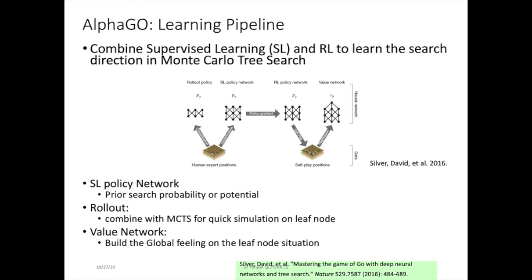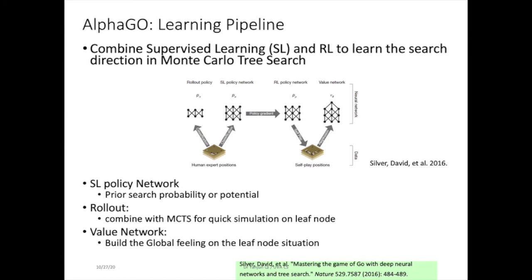What really created the popularity of reinforcement learning, or the start of deep reinforcement learning, is a very important work called AlphaGo. AlphaGo combines supervised learning and reinforcement learning to learn the search directions in Monte Carlo tree search, to have a computer gaming agent play the game of Go, which is a very difficult game because the search space is much larger compared to previous games that computers are good at.